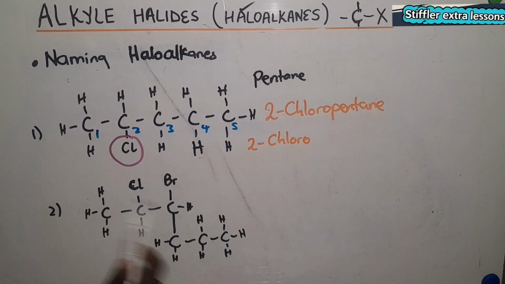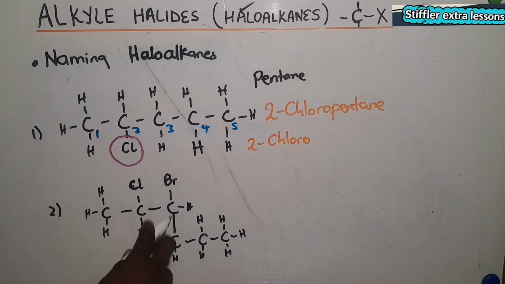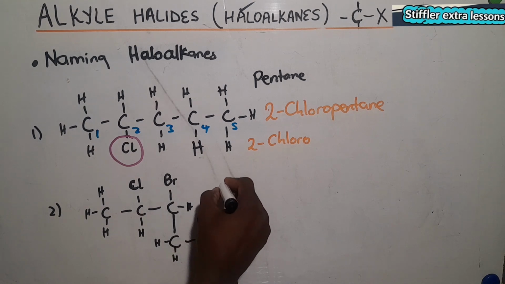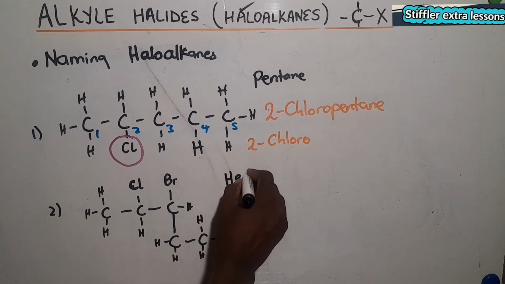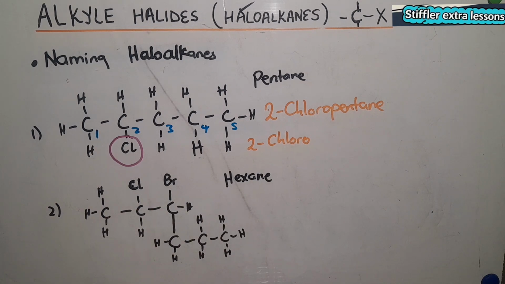Naming this one, obviously we start by checking our longest chain. This is just a continuous chain like that, so we don't have any branch here, right? How many carbons do you have there? 1, 2, 3, 4, 5, 6. So we have 6, which means that this is a hexane, if we have 6 carbons.